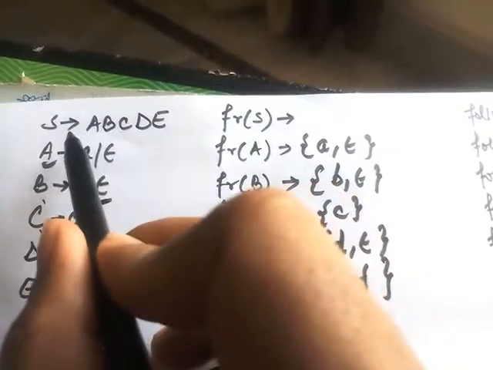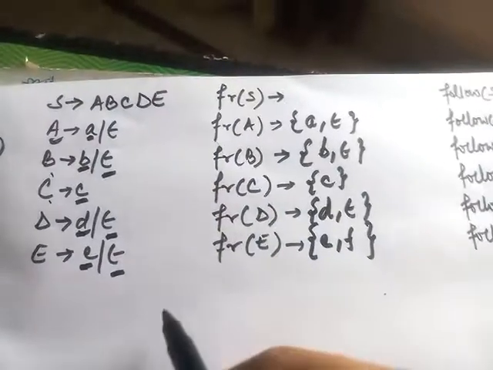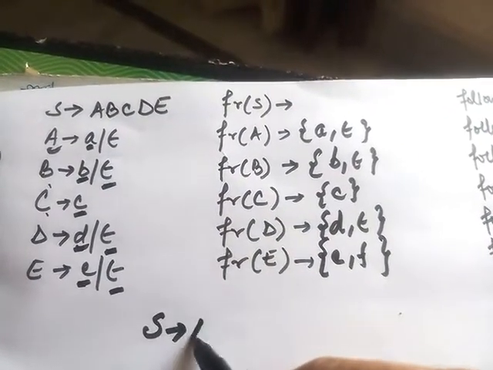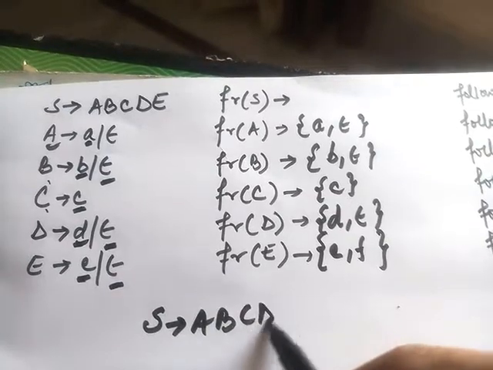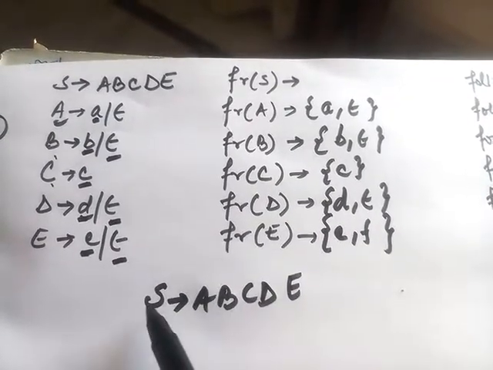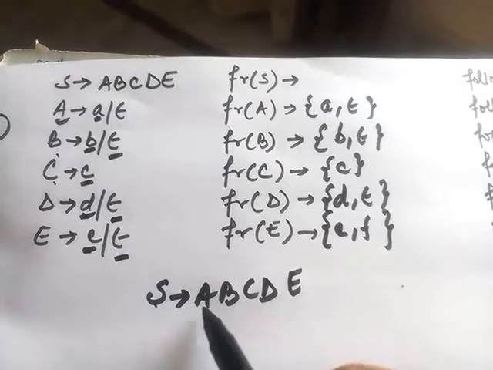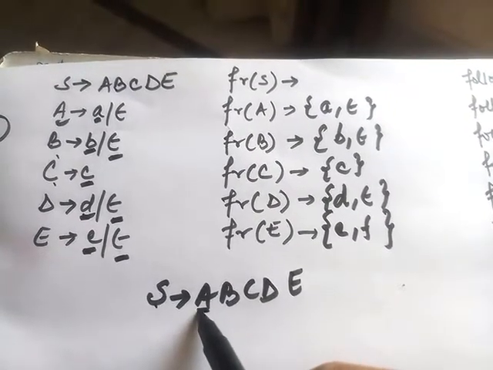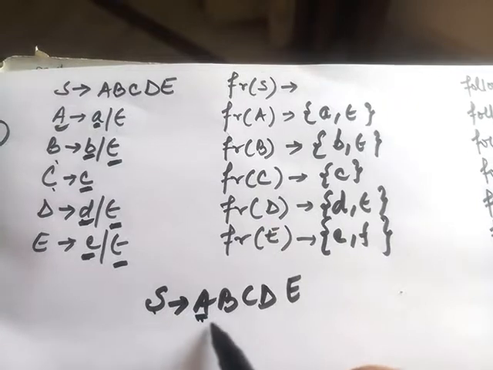Now just see the first one. The expression is like this: S generates A, B, C, D, E, and we have to find out what is first of S. Matlab, what is the first symbol generated by S? A, and this is a non-terminal.